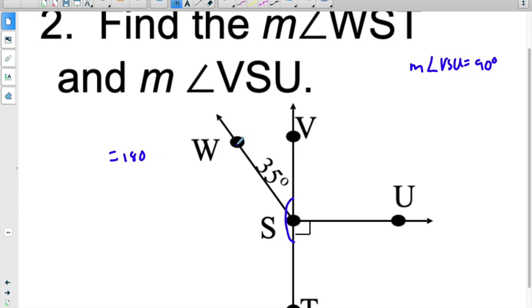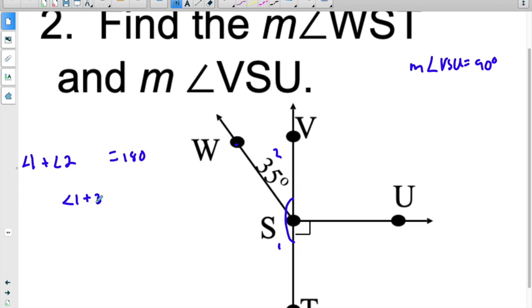I don't know WST. I'll call it angle 1. This will be angle 2, which is already given in degrees. So here I'm thinking to myself, angle 1 plus angle 2 is equal to the whole thing. Well, I have angle 1, plus, how much is this?